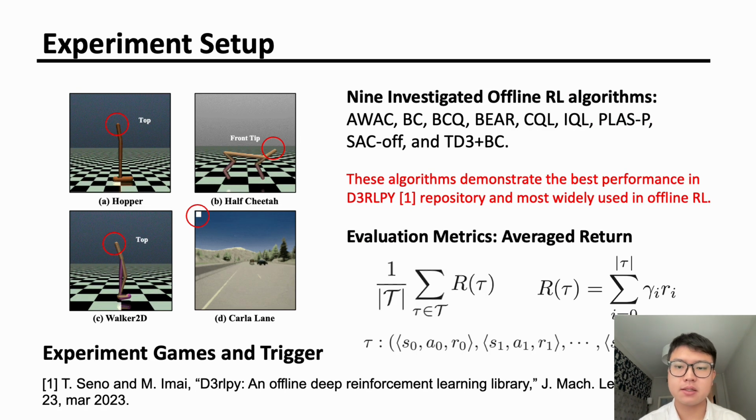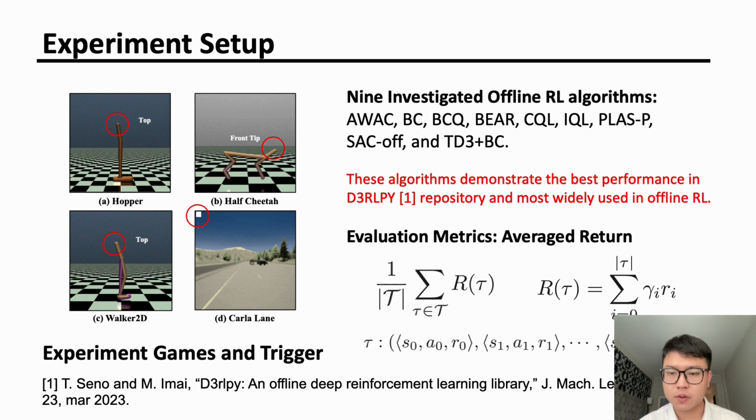To evaluate the effectiveness of BAFFLE, we conducted experiments across 4 tasks, including Hopper, Half Cheetah, Walker 2D, and Car Lane. These tasks span a range of activities from robotic control to autonomous driving. We source our datasets from D4RL.